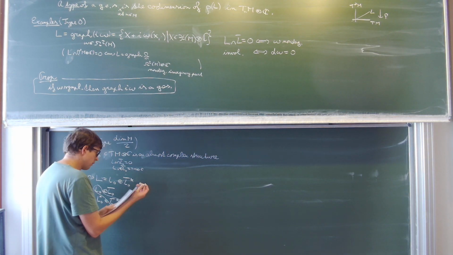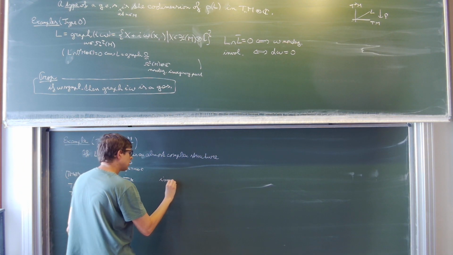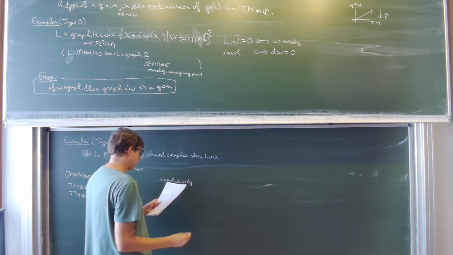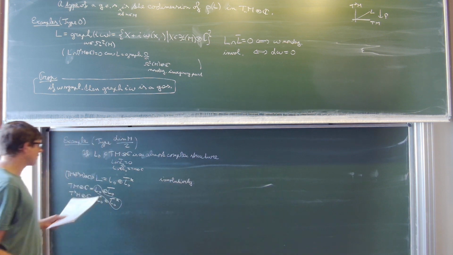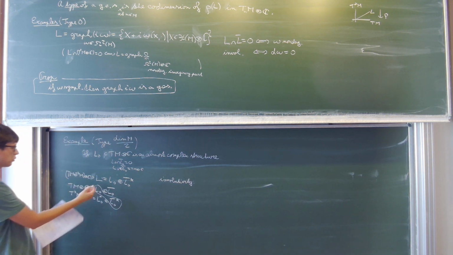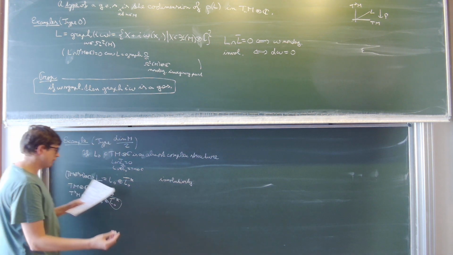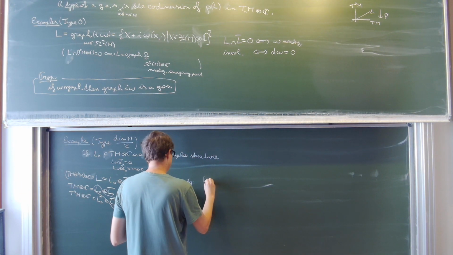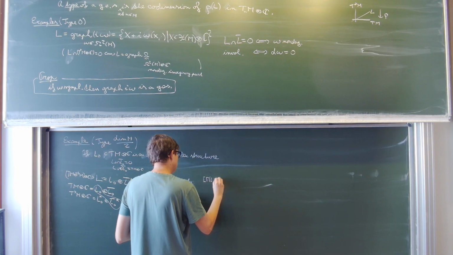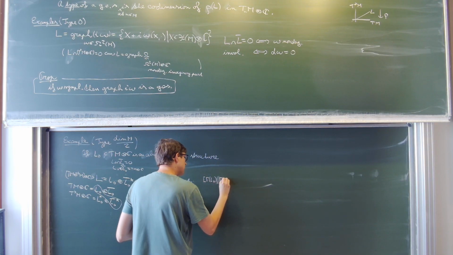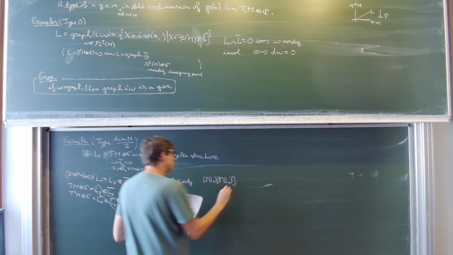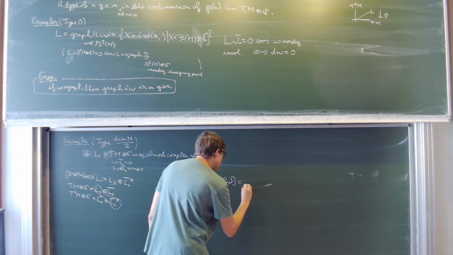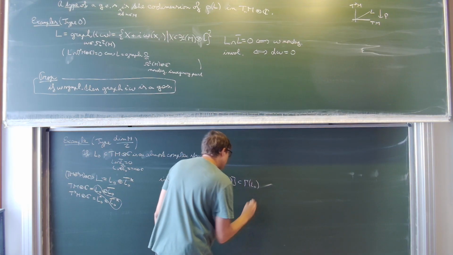So now, involutivity. How do you check if something is involutive? Well, you need to have two guys which live in here. Let's take two guys which live in L0, in the first summand. Involutivity implies that their bracket needs to be in here.